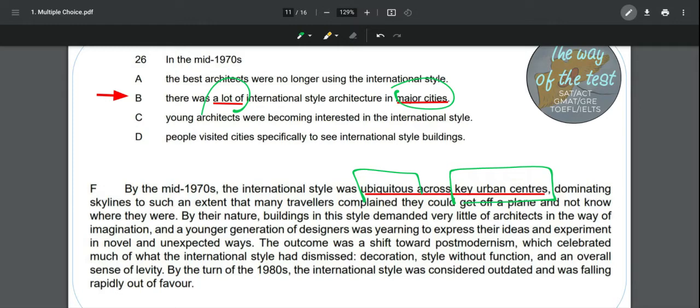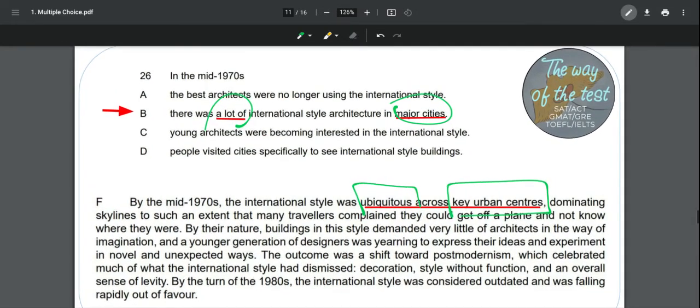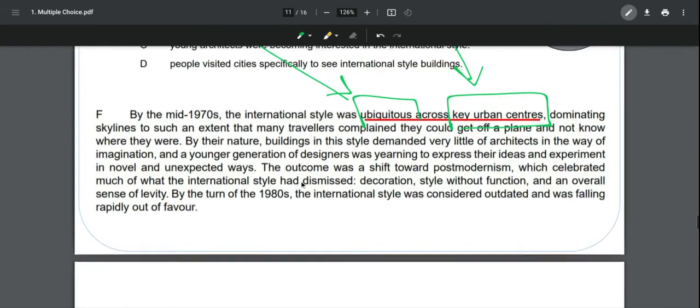Yes, that implies you need a little more vocabulary, but ubiquitous means something you can find in a lot of places or mostly everywhere. So if you think about it, B is the answer because a lot of matches with ubiquitous, and major cities matches with key urban centers. Again, we didn't find the exact same words, but we definitely found a match. We're still going to keep looking at the alternatives.